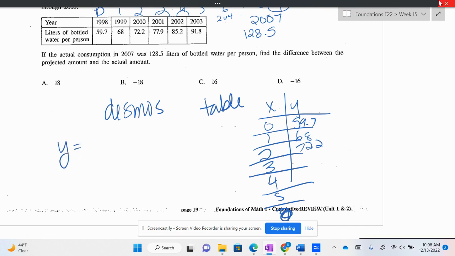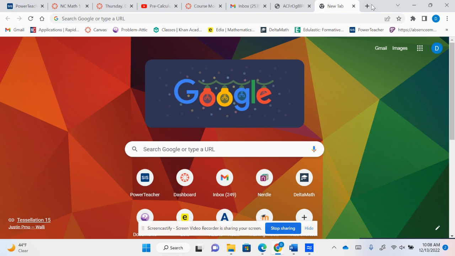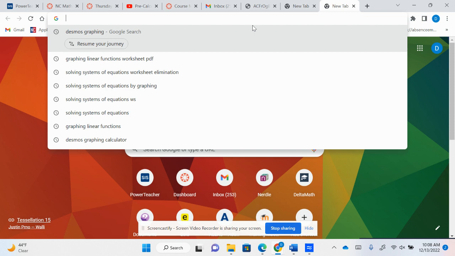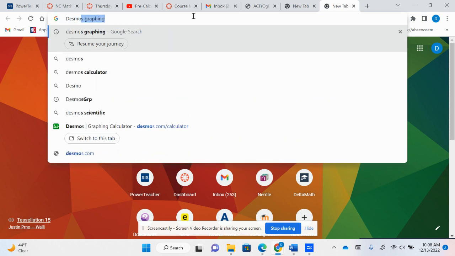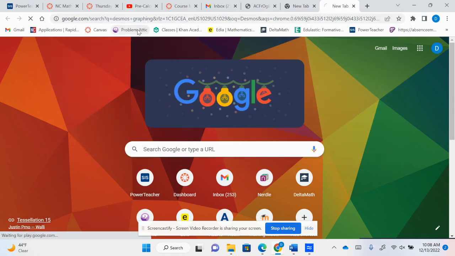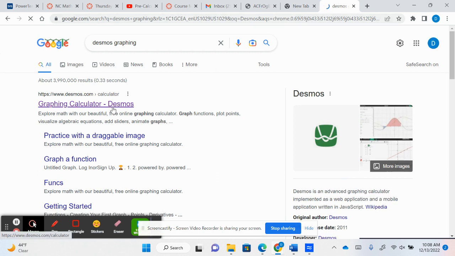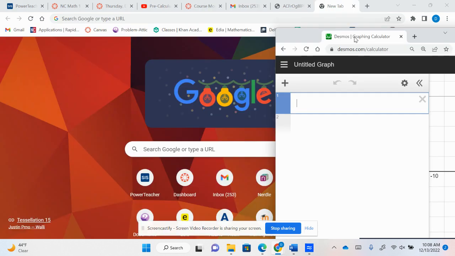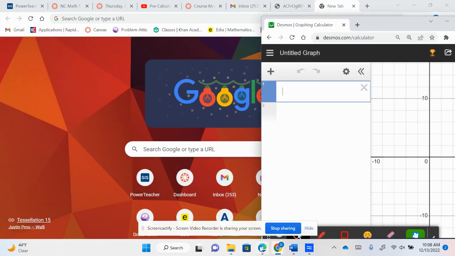59.7, 68, 72.2. Anyway, so you're going to go through that, and you're going to get an equation. So I guess I can split my screen and show you how to do this. Desmos graphing. Okay, so we are going to do a table.